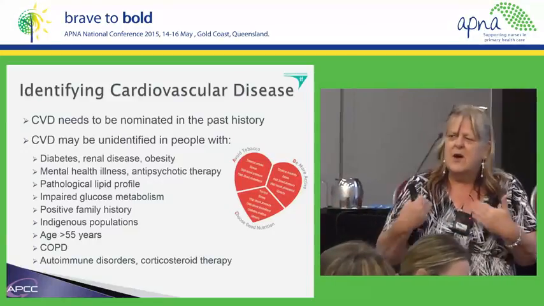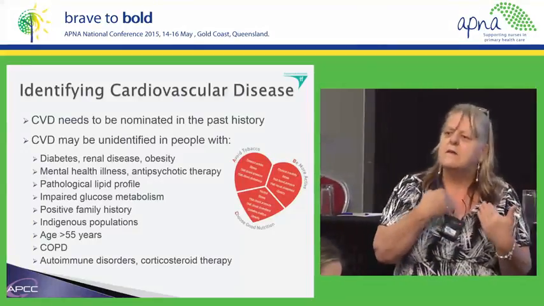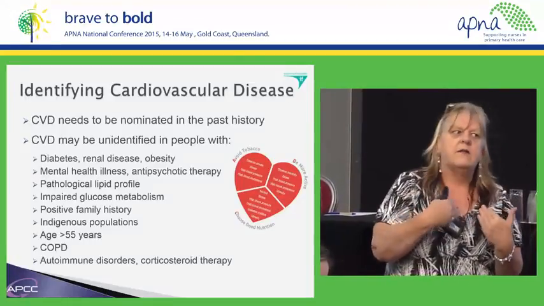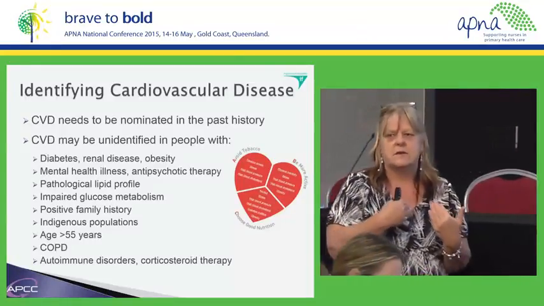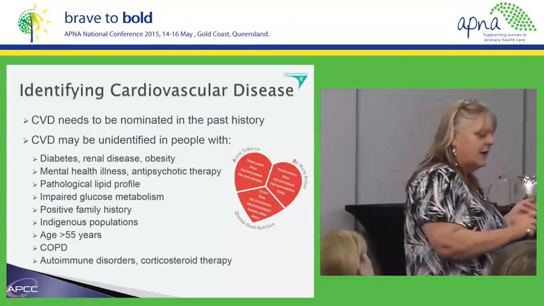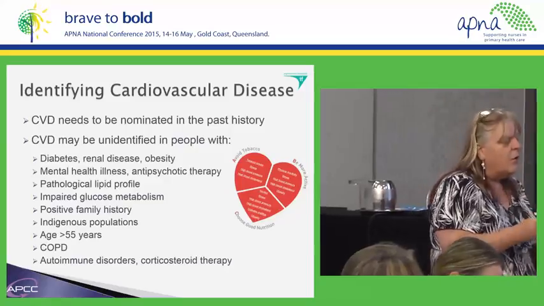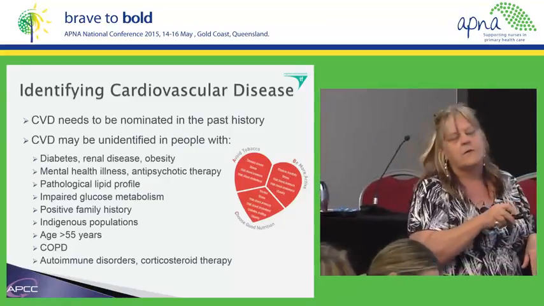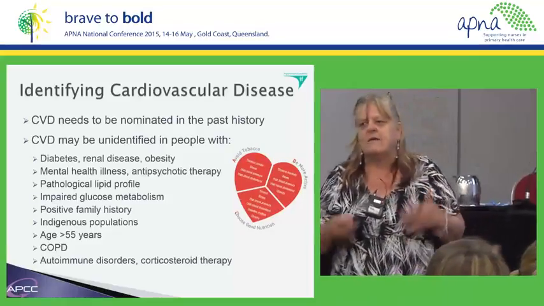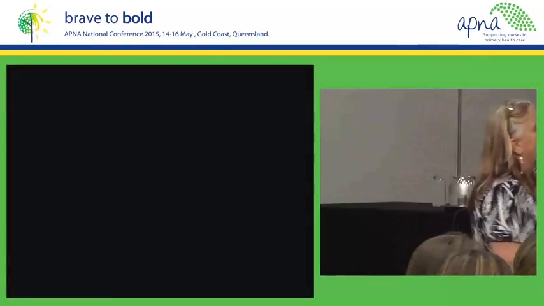If you've got COPD, the right side of your heart is affected. Likely that you've got some hypertension. Strokes are cardiovascular disease. And also think about autoimmune disorders, corticosteroids. All of these things. Think about, as I said, everyone.